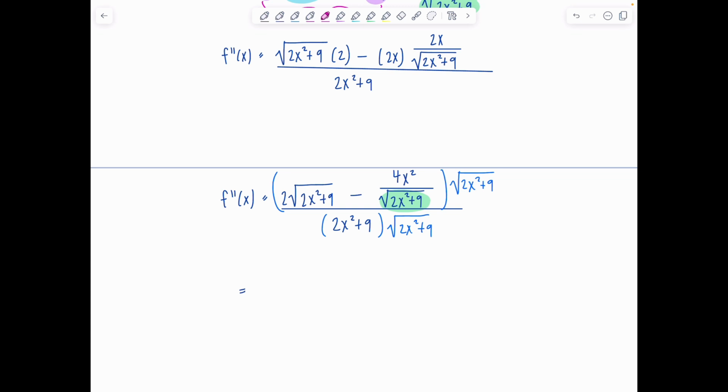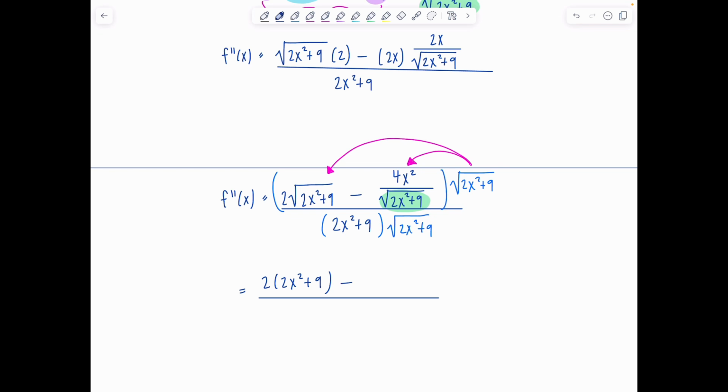Okay, now this is going to distribute to the first term in the numerator and to the second term. So when you have rad 2x² + 9 times 2 times the same radical, the square roots cancel out. So then you just have 2 times (2x² + 9). Ooh, how nice.